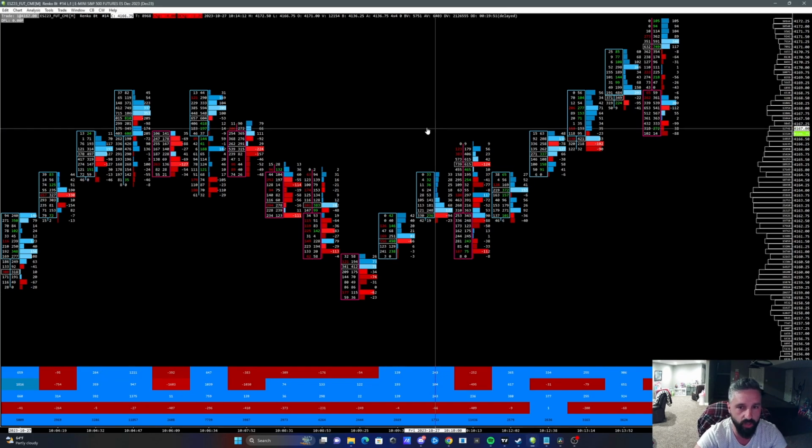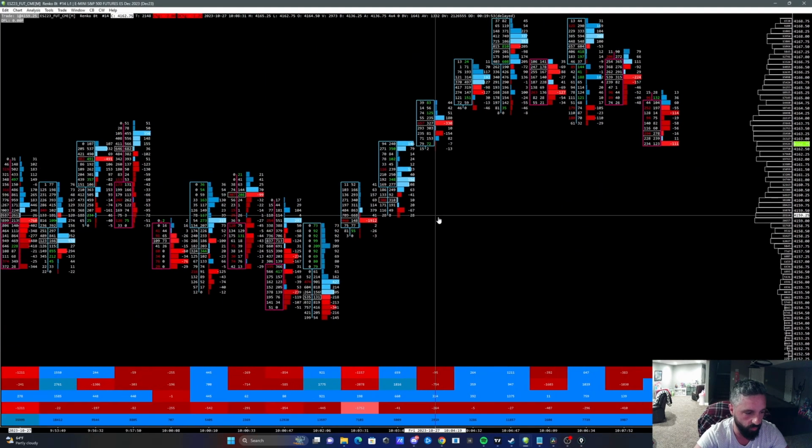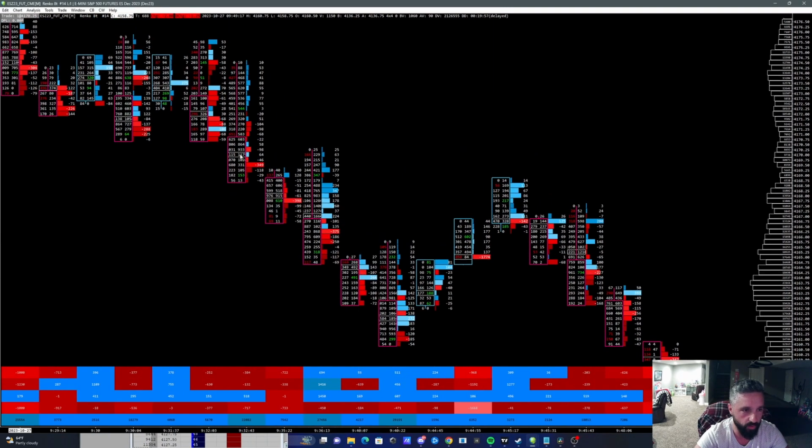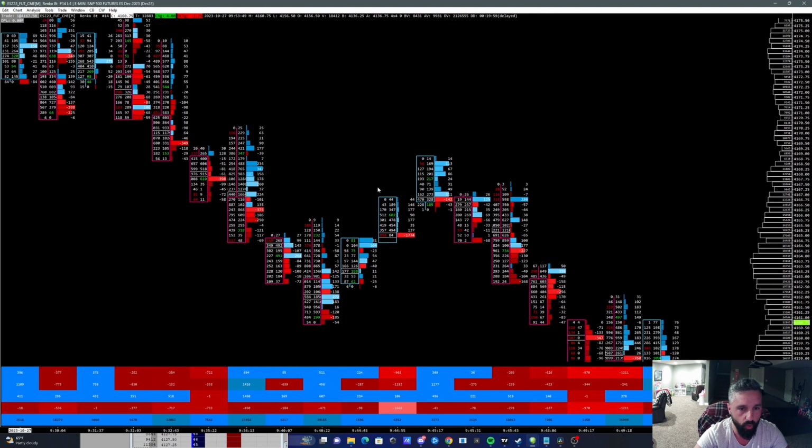If we look at this chart of ES, we've got the open price back here at 930. What I want to look for are highs and lows that are unfinished or not clean. How do we know if a high or low is unfinished or unclean?